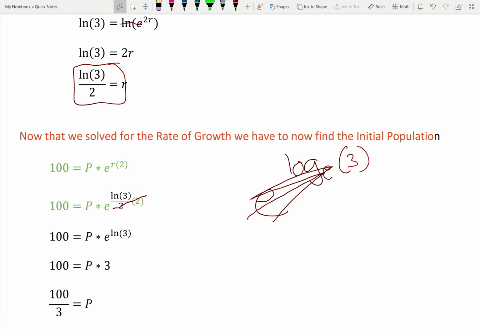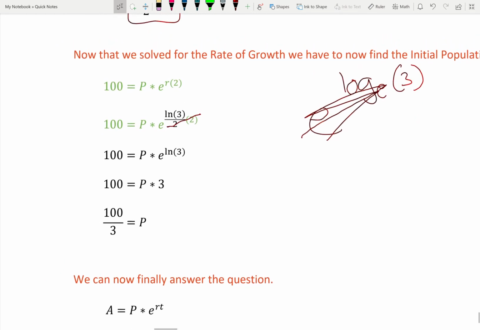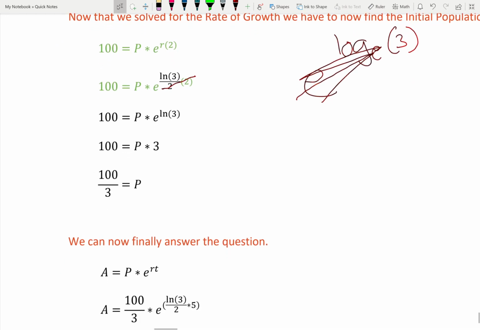And now I can just take those pieces of information and answer the actual question we were asking. How many flies are there after 5 years? So this 5 represents t, this ln of 3 over 2 represents r, and this 100 over 3 represents the p.